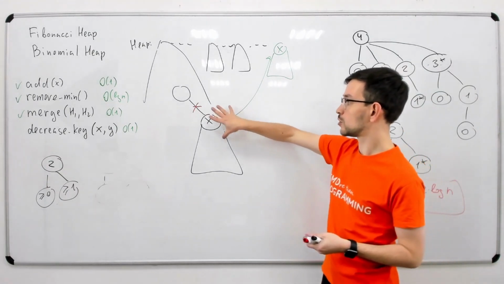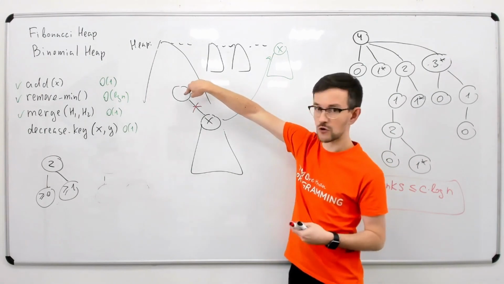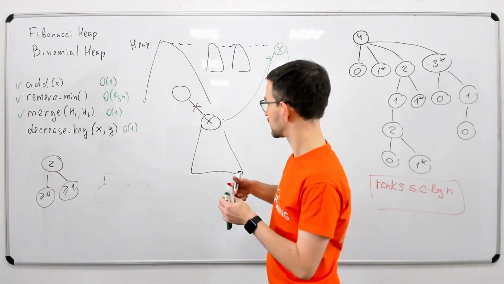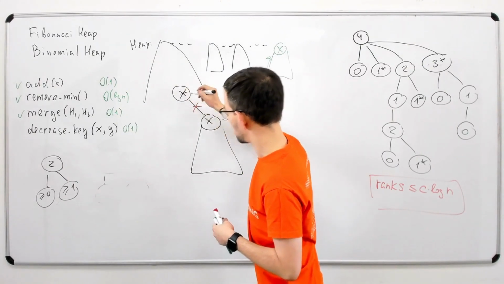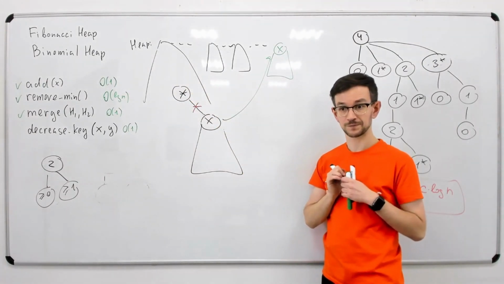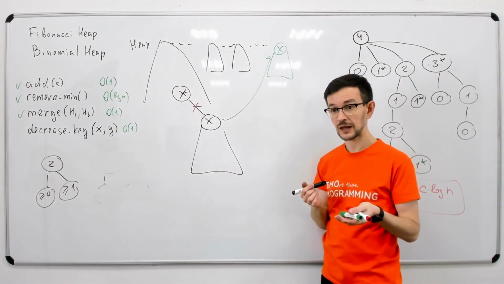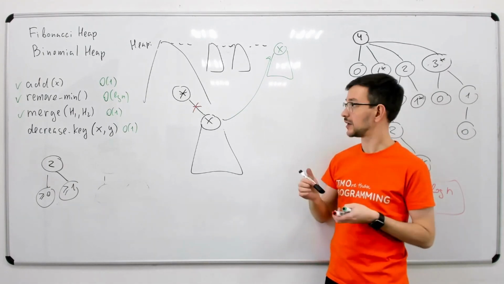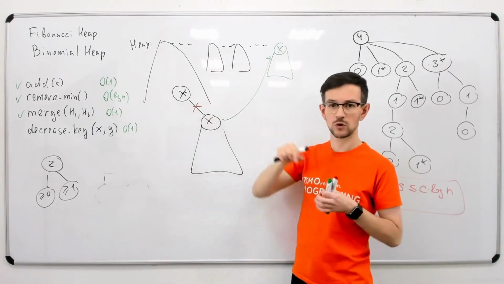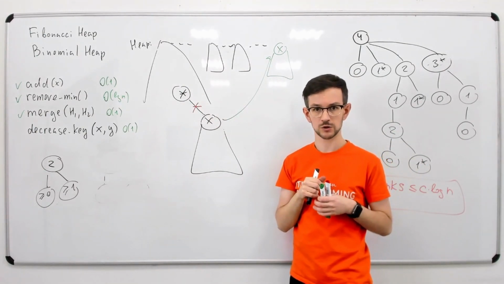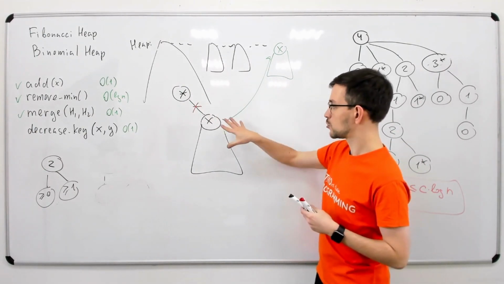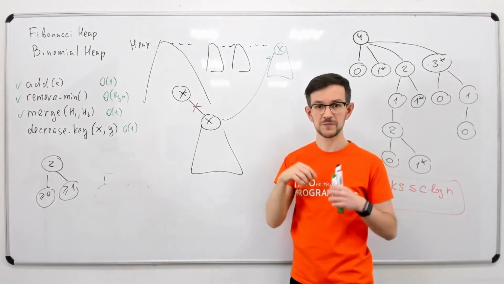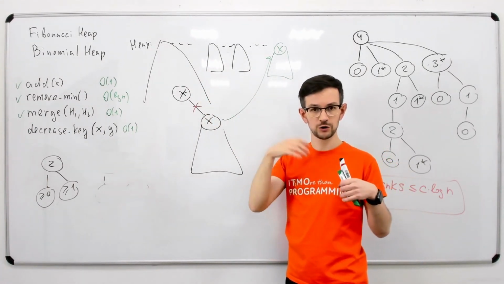Now, when you removed the child from this element, you need to put the mark here, to show that you removed an element from this node. But it may happen that you already removed one child from this node. So when you remove x from this parent, you may already have this mark here. It means that you removed 2 children from this node.